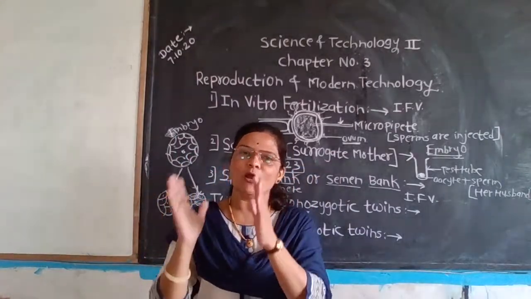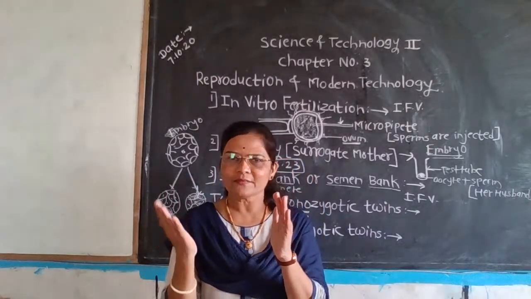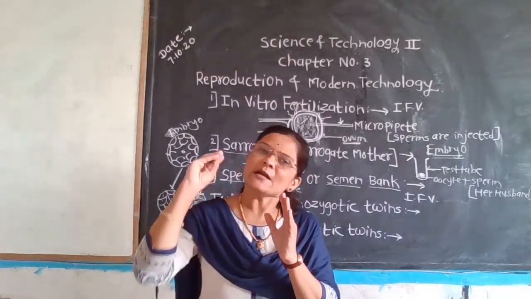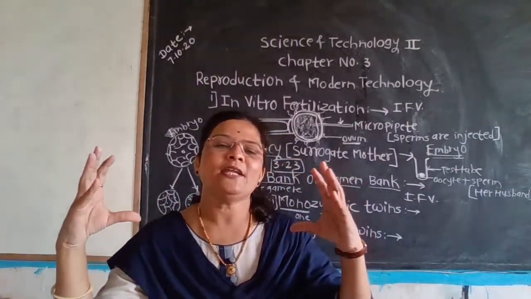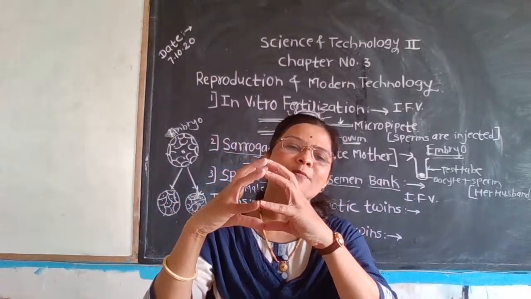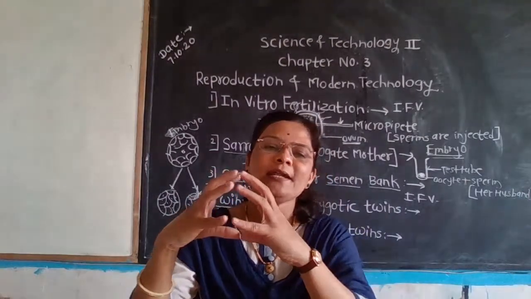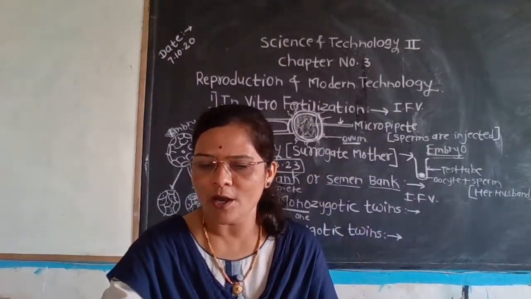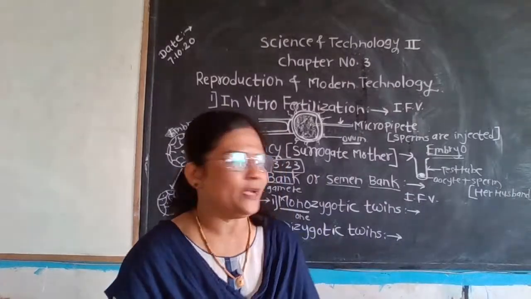In some cases of monozygotic twins, both twins are joined with the help of some organs, and we call them conjoined twins, Siamese twins, or co-joint twins.